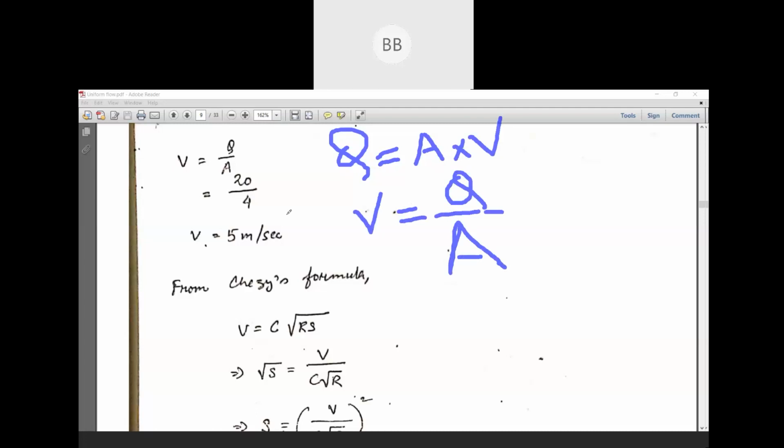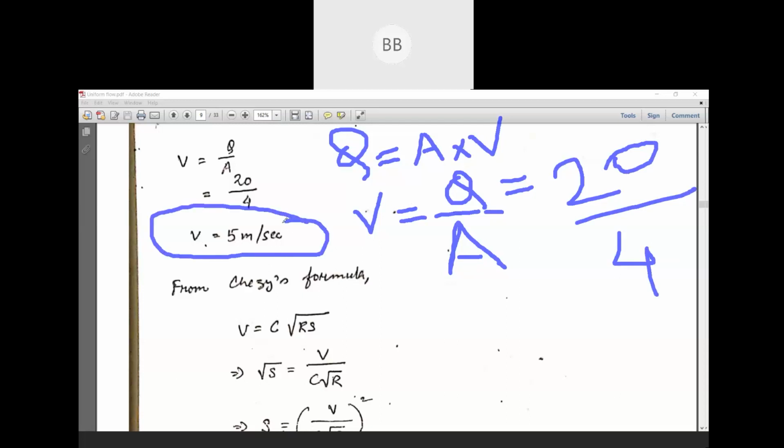Discharge is already given, 20 meter cube per second. Area we have already calculated, that is 4 meter square. So 4 fives are 20, so the velocity is 5 meter per second.